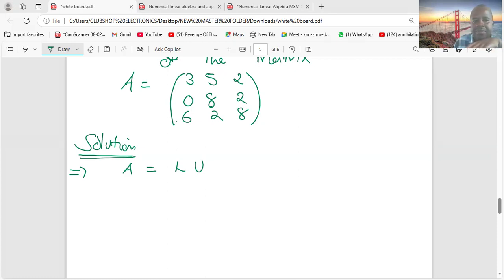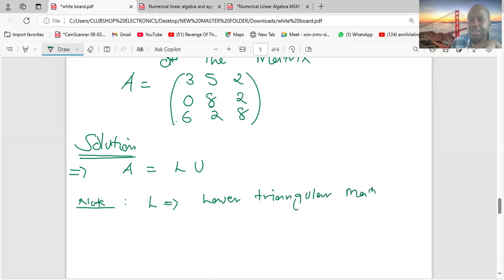So we are saying, note that L implies lower triangular matrix, which can be written as L is equal to, maybe we say L1, we have got 0 here, 0 and another 0 here, okay?